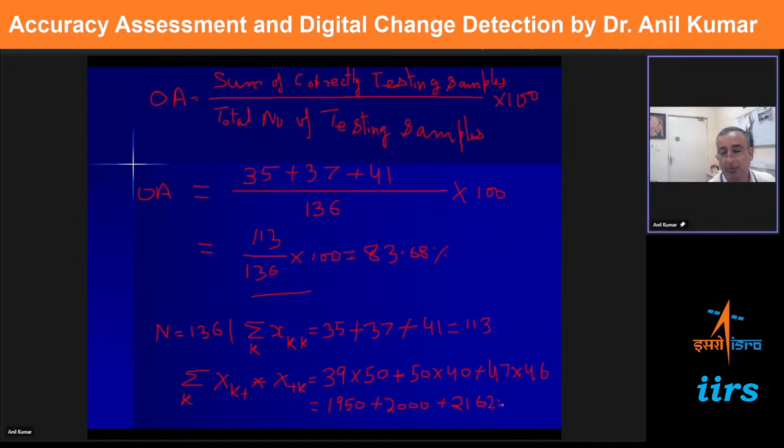And let's do its sum total. So the sum total is 2162 plus 2000 plus 1950, and it is coming to 6112.